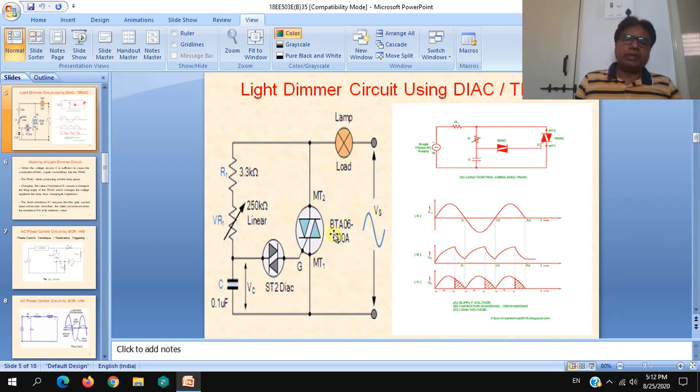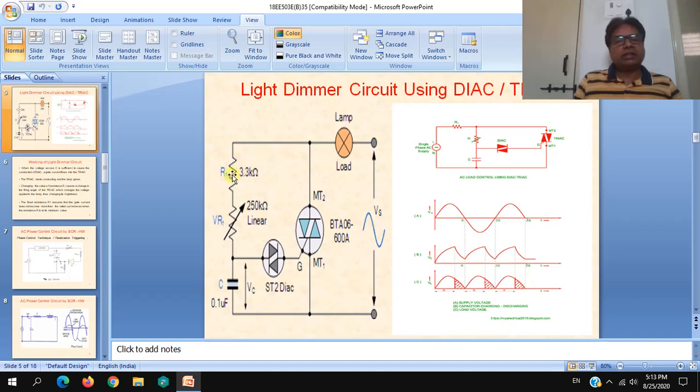This is the triac BTA 600A, and the diac is ST2 diac, a 3.3 kilo ohm fixed resistor R1, a 250 kilo ohm linear variable resistor, and a 0.1 microfarad capacitor.